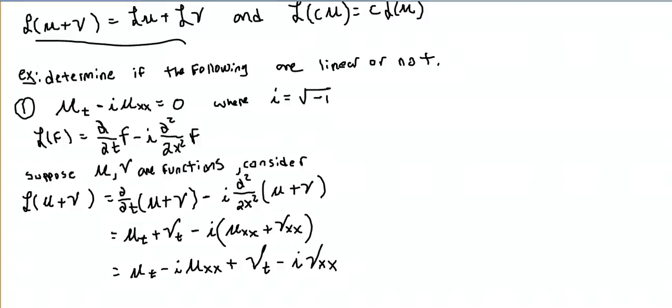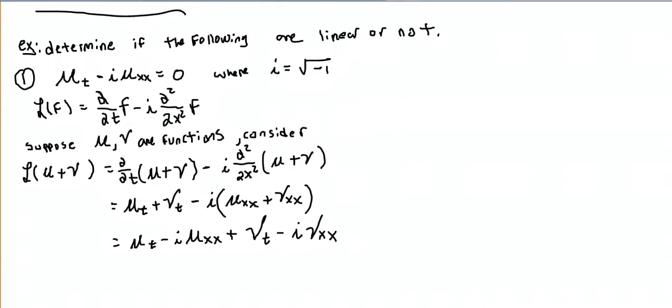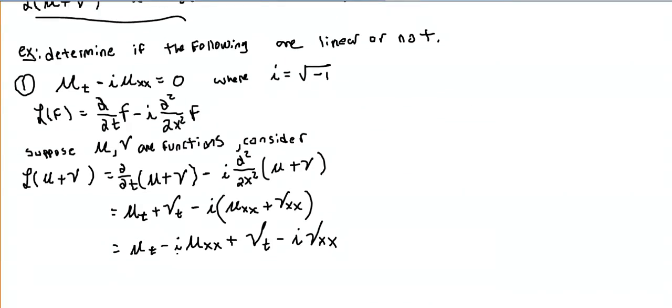And now this is where I start to notice that these two terms right here are really just L acting on u, and this term right here is really just L acting on v. And so if you notice, we satisfied the first property, that L of u plus v has to equal L of u plus L of v.